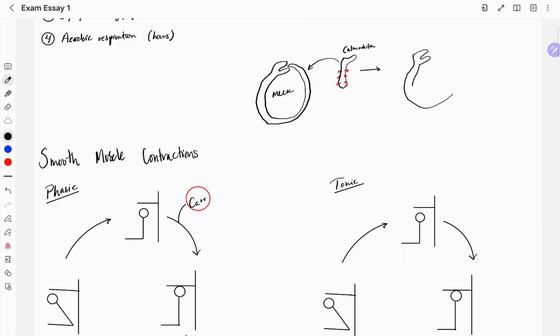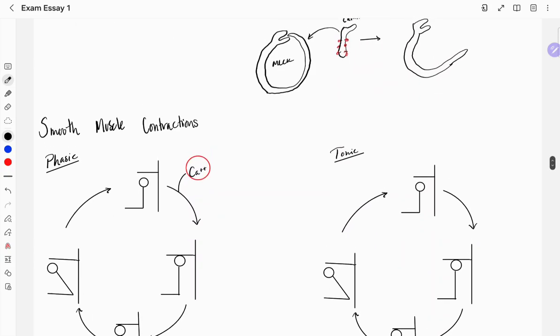But point is that now this MLCK has undergone a conformational change, which is going to activate it, and it's going to use ATP to add a phosphate to this myosin.